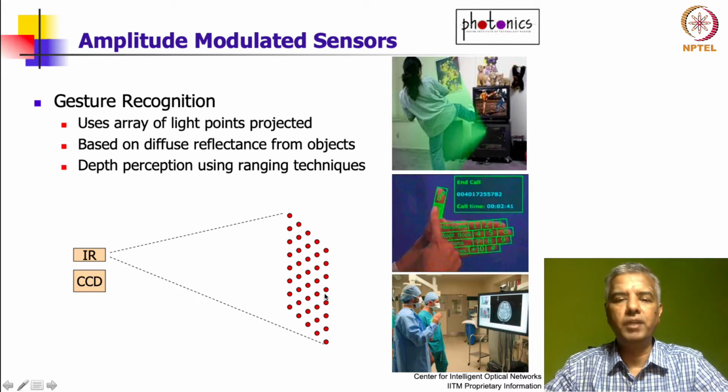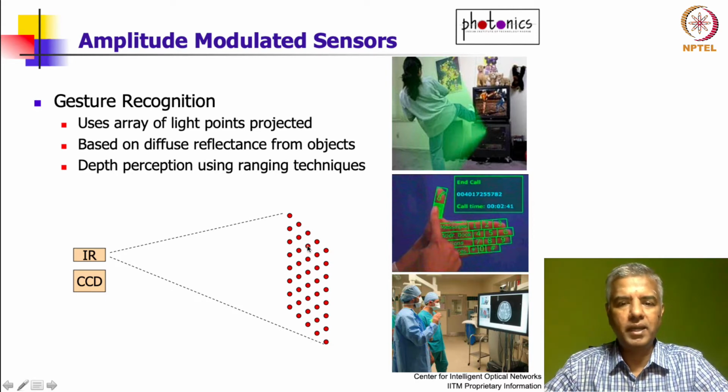in the far field. If you are able to do that, and if you have an object in between the source and the pattern of dots, then the object is going to scatter only a few of these dots, and the other dots are just going to go into the background, and basically there may be negligible scatter from the background.